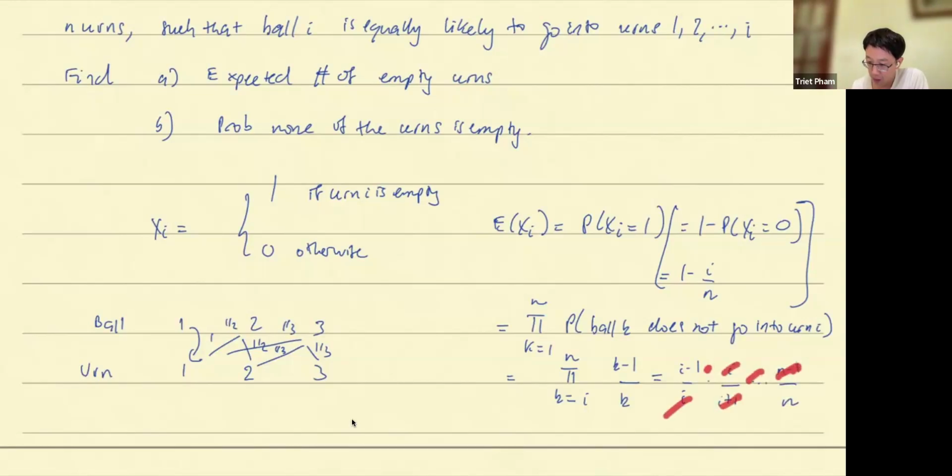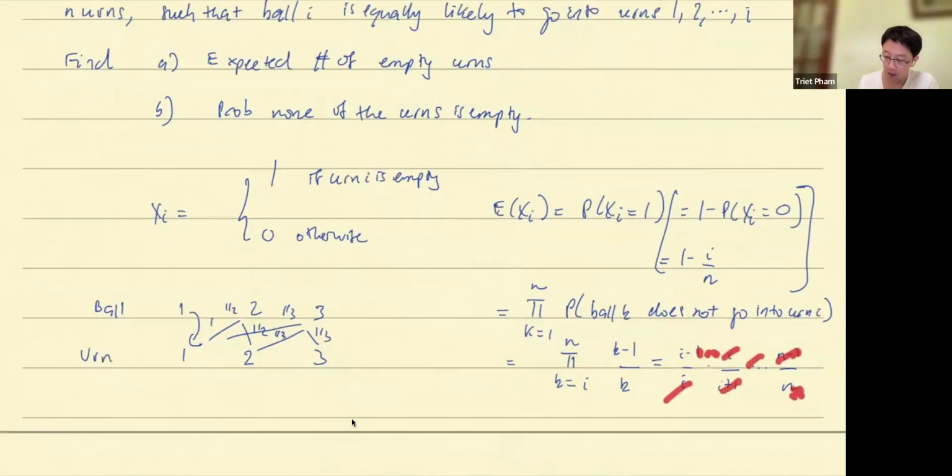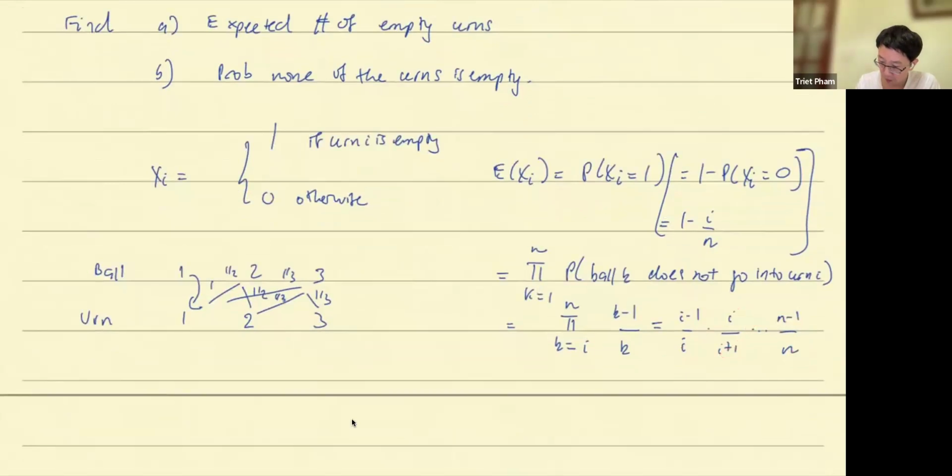And so the final answer, actually my calculation comes out to be I minus 1 over N. It's not N minus I over N. It's I minus 1 over N. Is that okay? Any question?